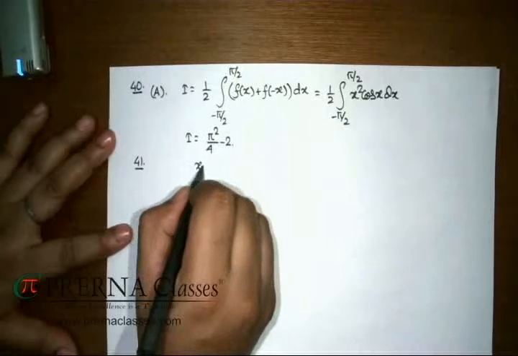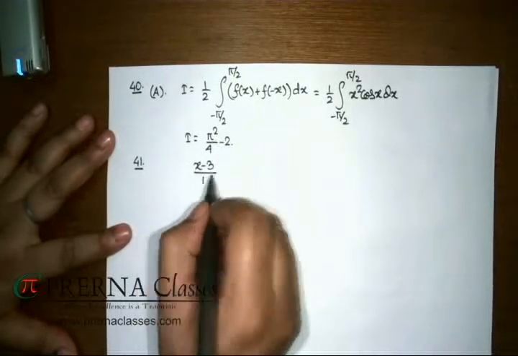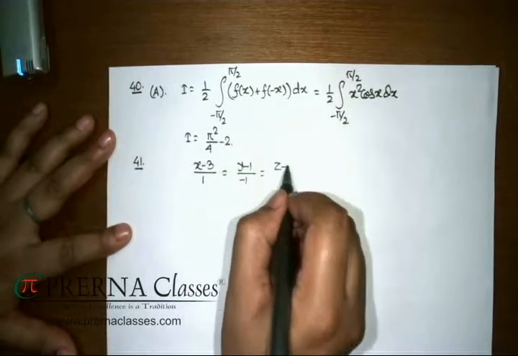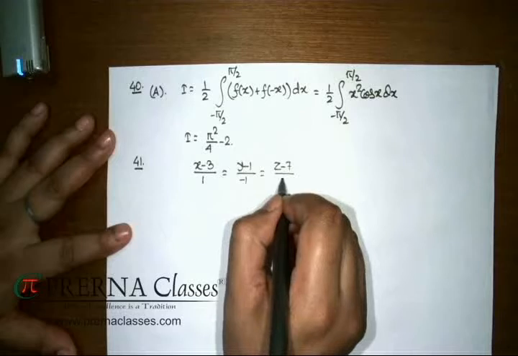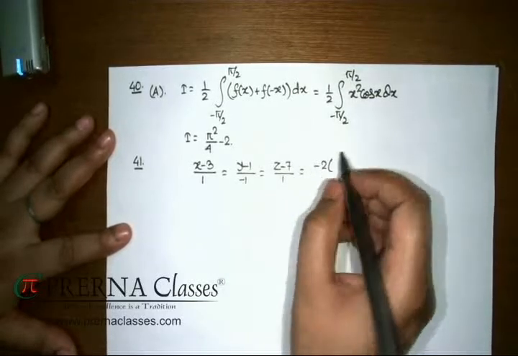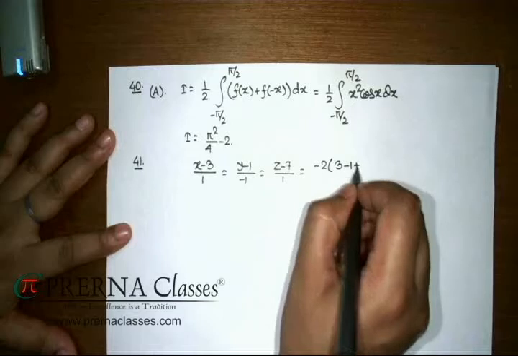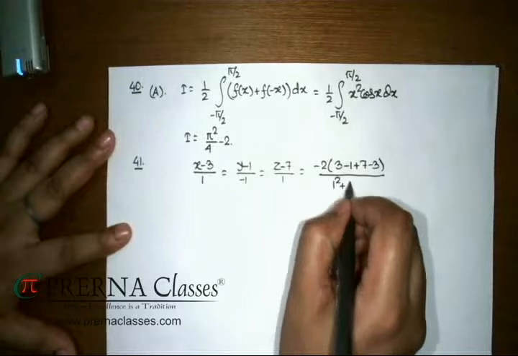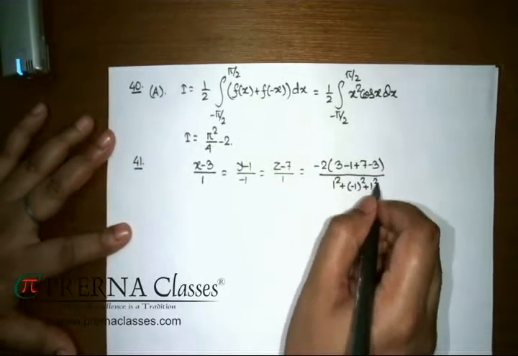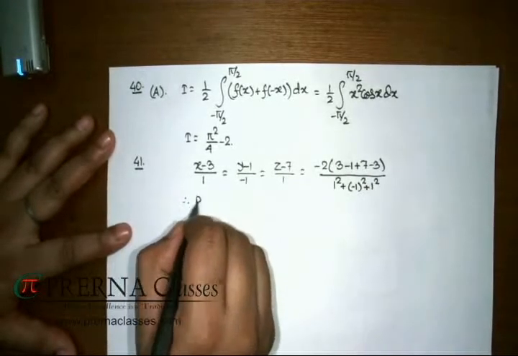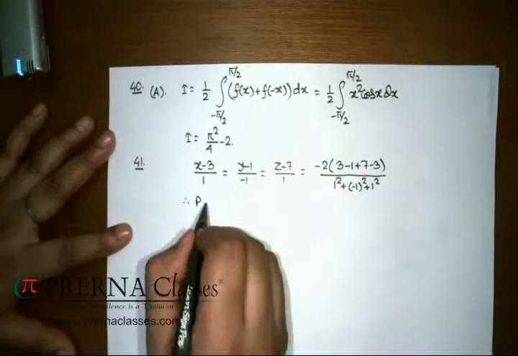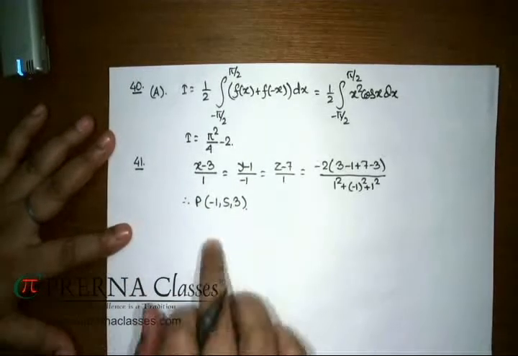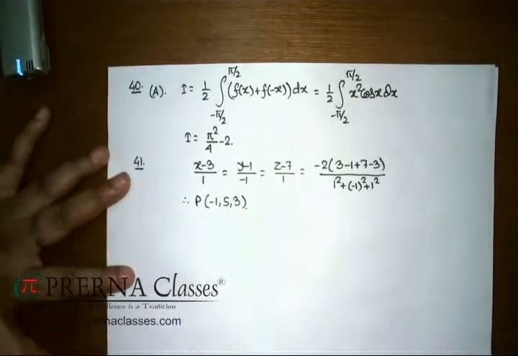In the next problem, you are dealing with the image of one point with respect to a plane. You can utilize one shortcut to manage its image. This is going to give you that point P, the image, as (-1, 5, 3).